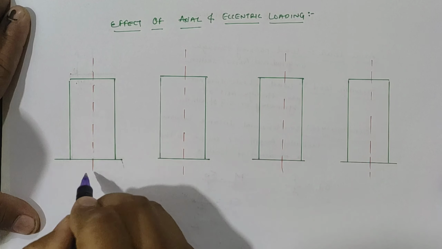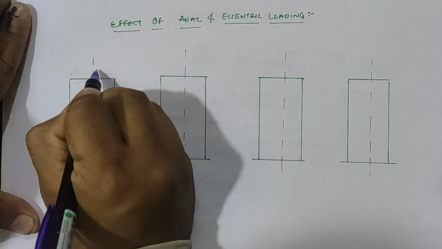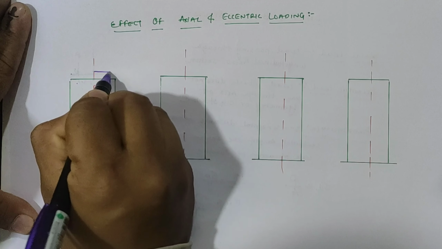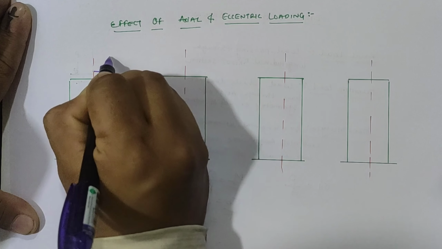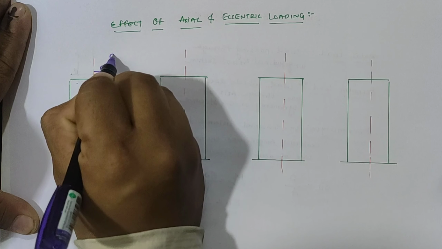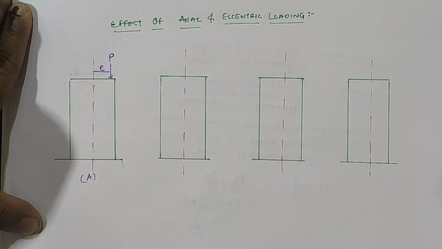So let us consider the first case, where the load is given at a distance small e as an eccentricity, and the application of load is P kilonewton.